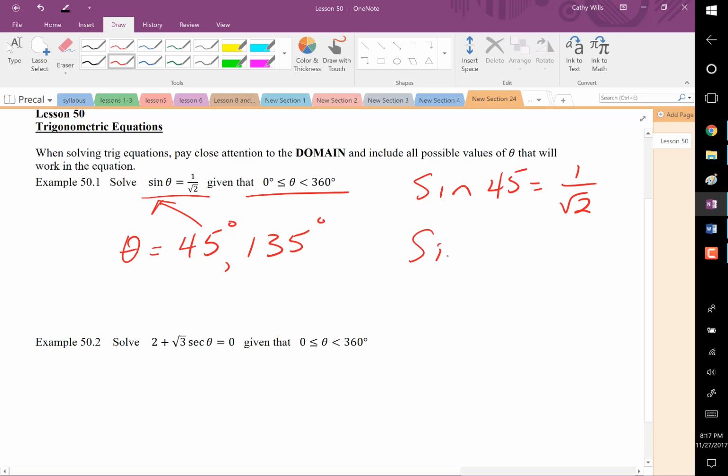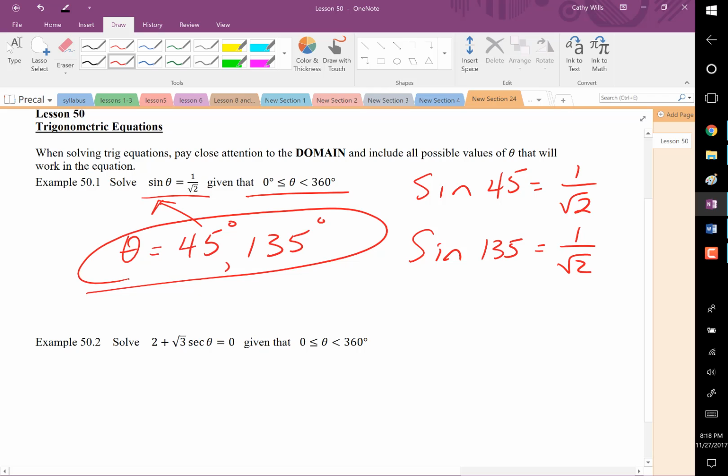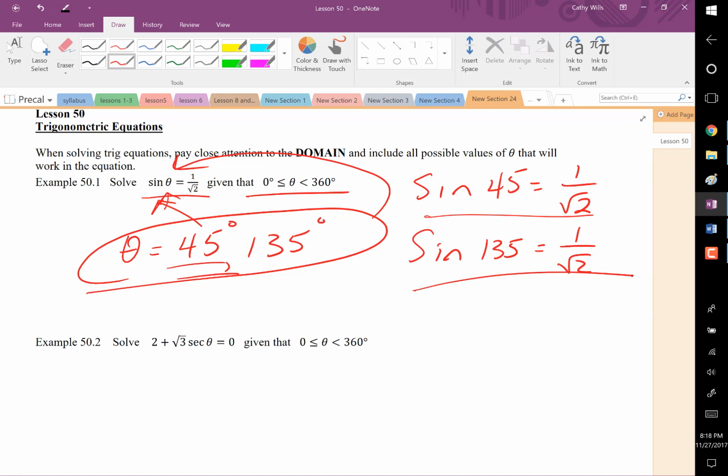If I put in 135 for theta, it makes this a true statement. So that is why these are the solutions of this equation, because if you put these values in for theta in the equation, you get a true statement. And those are the only possibilities for theta between 0 and 360.